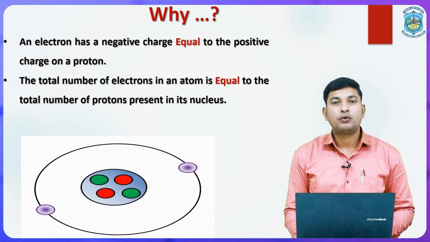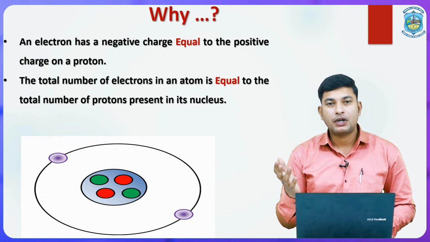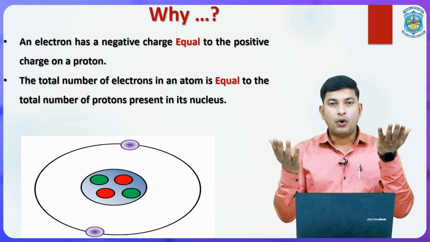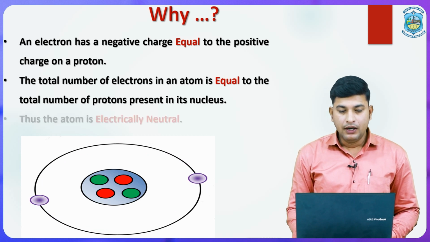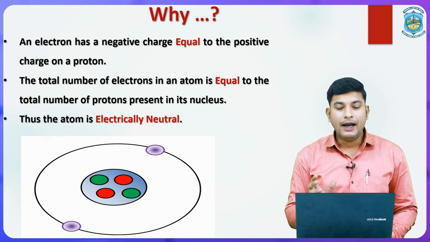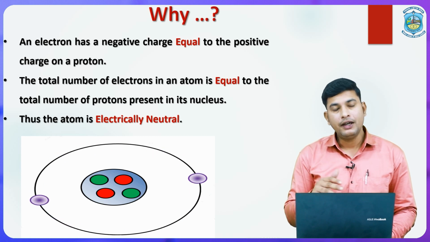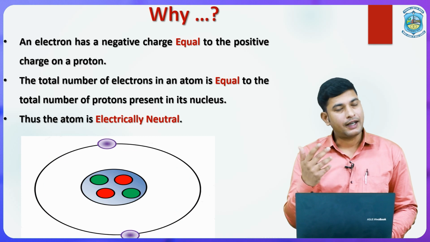So the total negative charge equals the total positive charge, and naturally every substance or material is electrically neutral. Why? Because the negative charge equals the positive charge, so both charges cancel.